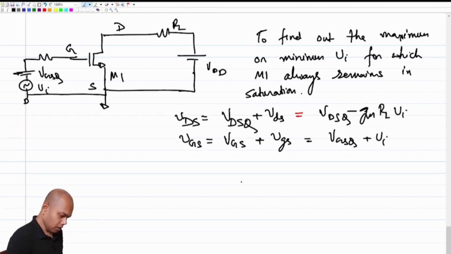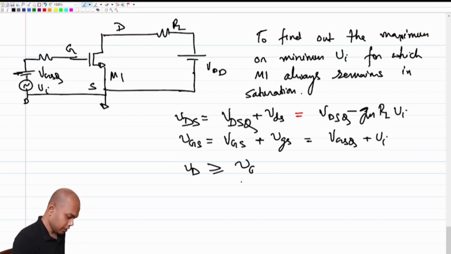So now, what is the condition for saturation? The condition for saturation is VD should be greater than or equal to VG minus threshold voltage, right?